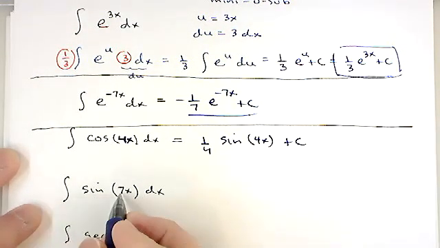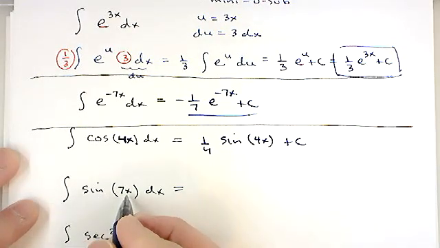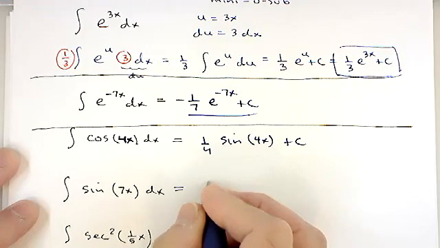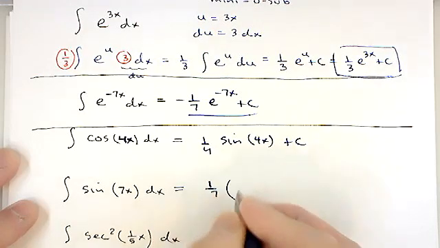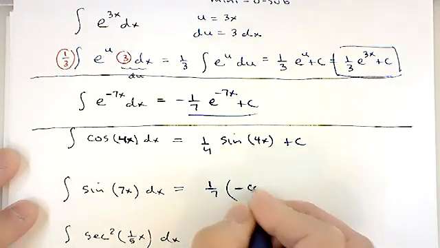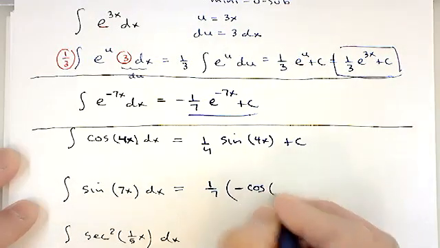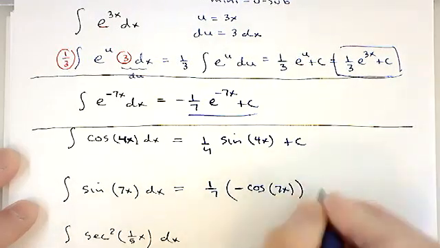If I had the sine of 7x, we know our antiderivative of sine is negative cosine, so this is going to be, well, 1/7. Now the negative is actually coming because the antiderivative of sine is negative cosine, so I'm going to kind of separate that.